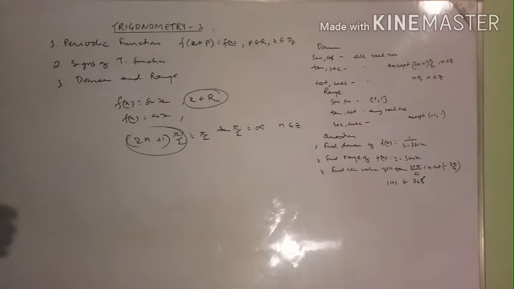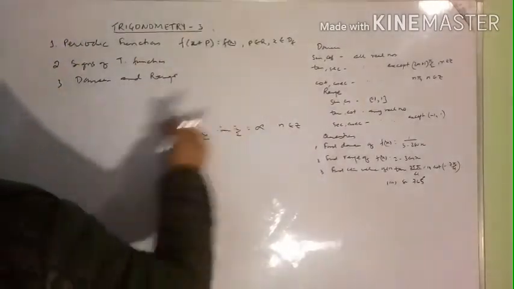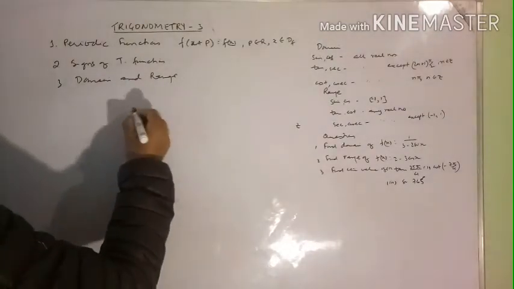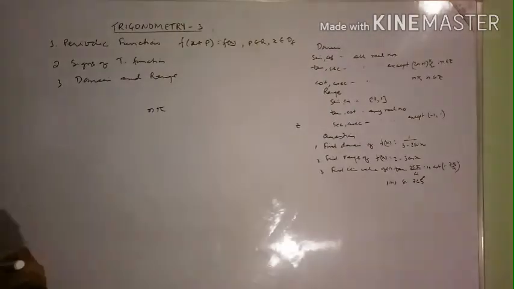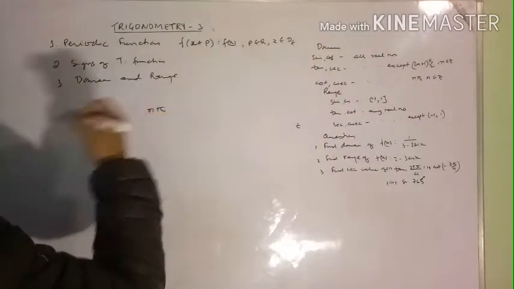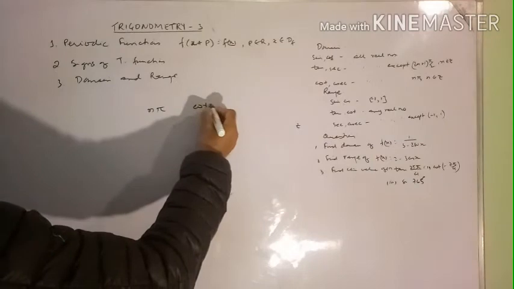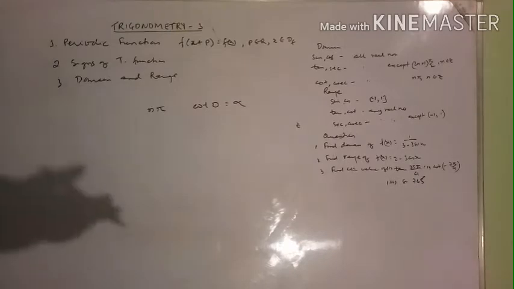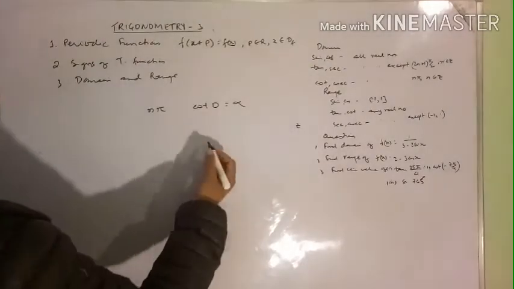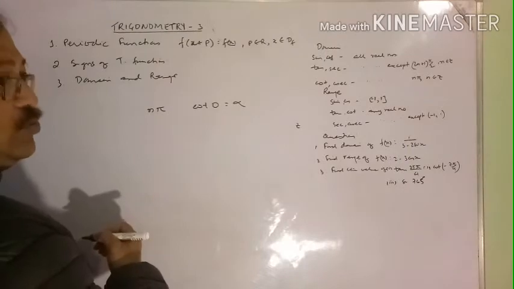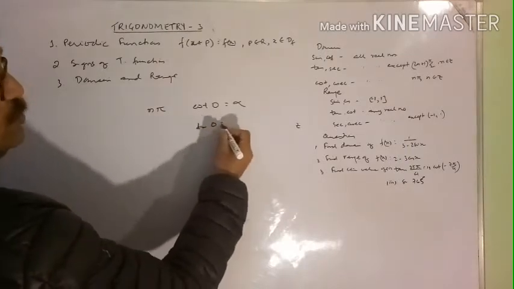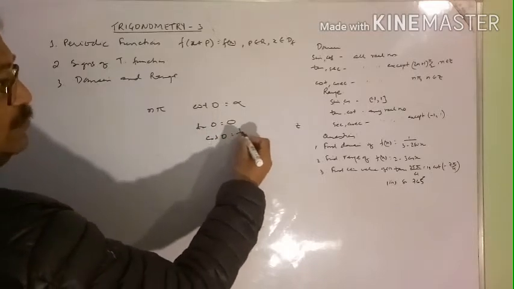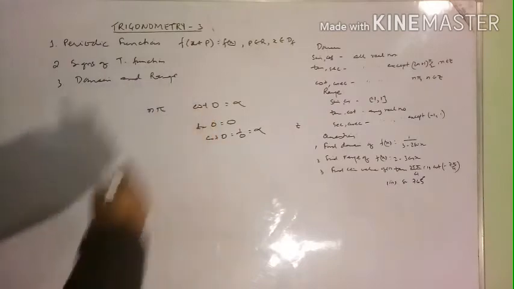Now similarly for cot and cosec, the domain is any real number except n pi. Because when n equals 0, cot 0 equals infinity. Tan 0 is 0, and cot is the reciprocal, so cot 0 will be 1 by 0, that is infinity, because cot is 1 by tan.